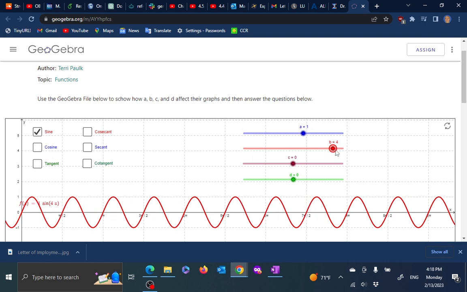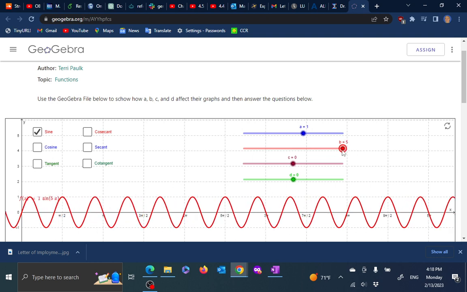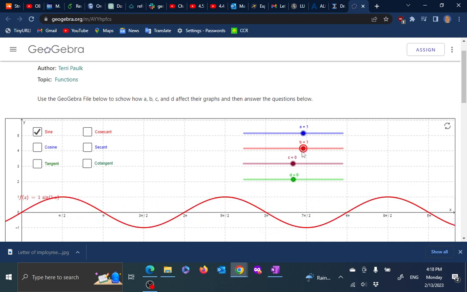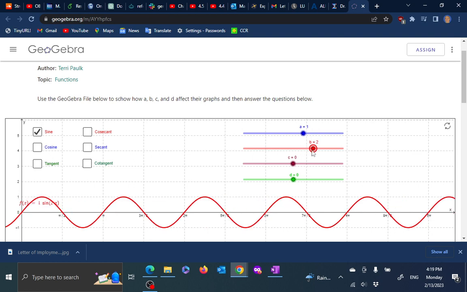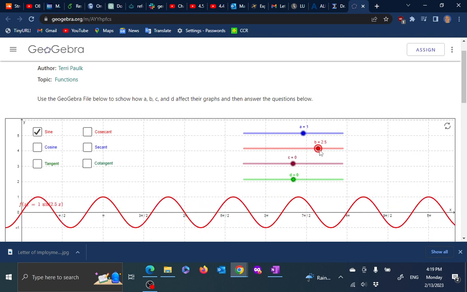The more I increase that number b here, the more oscillations are going to happen in the unit of time. In your physics or engineering classes, this is going to be called the frequency. Later on, we are going to come back to this. But right now, what we learned is that if you have this number going up above 1, it's just going to make the curve compress.